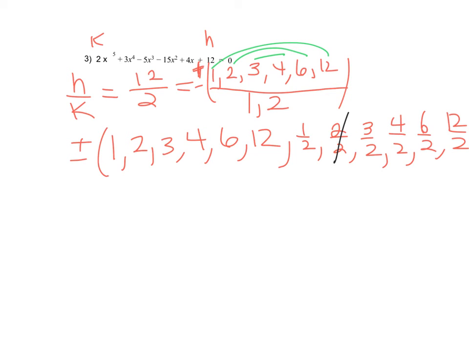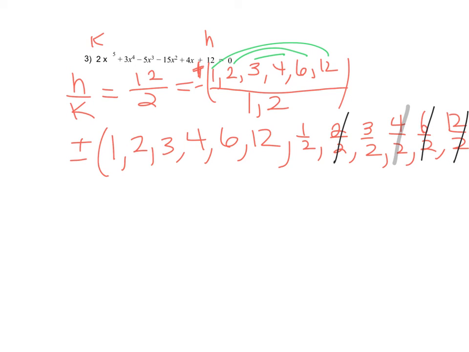But 4 over 2 is the same as 2, so I'm going to get rid of the 4 over 2. And let's see, 6 over 2 is 3, so I don't need that one. And 12 over 2 is 6, so I don't want to rewrite that one. I'm going to cross that off.